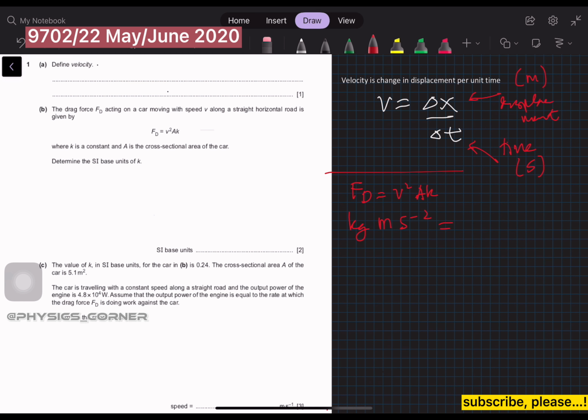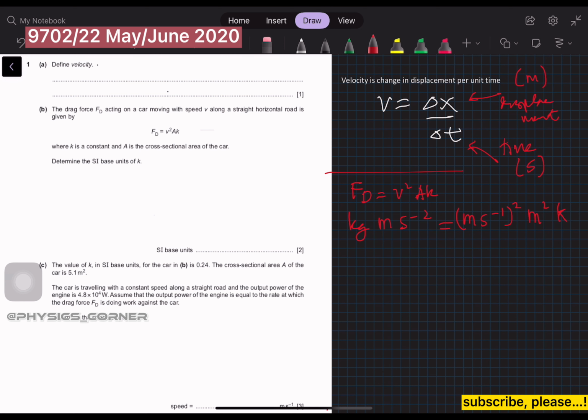Then velocity is meter second to the power minus 1, and it is squared. Then A is the cross-sectional area, the unit is meter squared, times k.